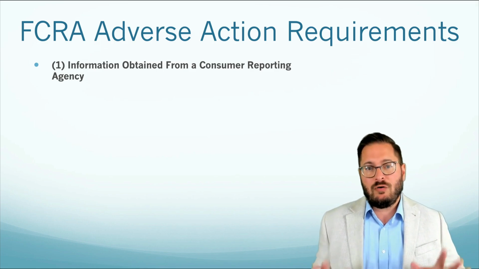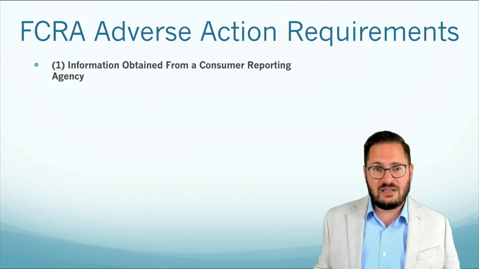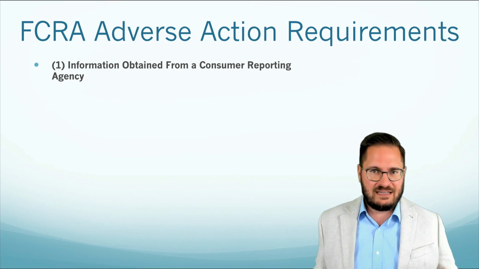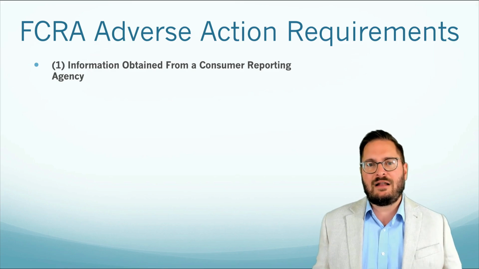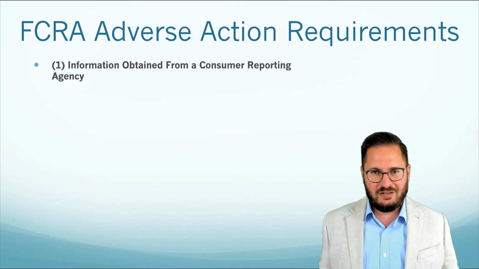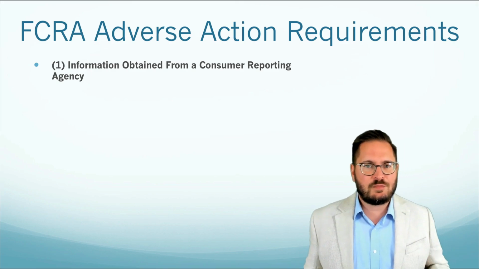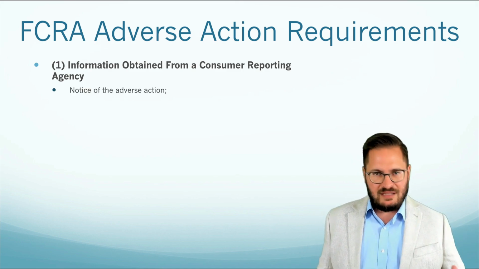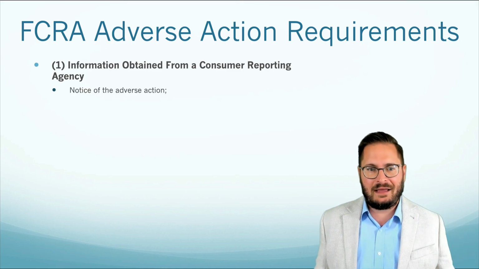So if you're required to provide an adverse action notice due to information obtained from a consumer reporting agency, in other words, you deny somebody for credit because of their credit report, then you have to provide them an adverse action notice that includes a notice of the adverse action. That's basically a statement saying that they're denied.